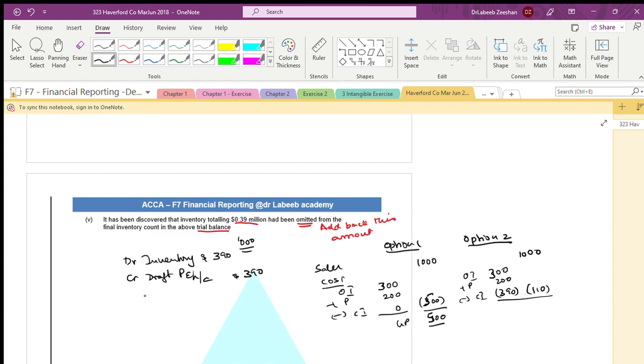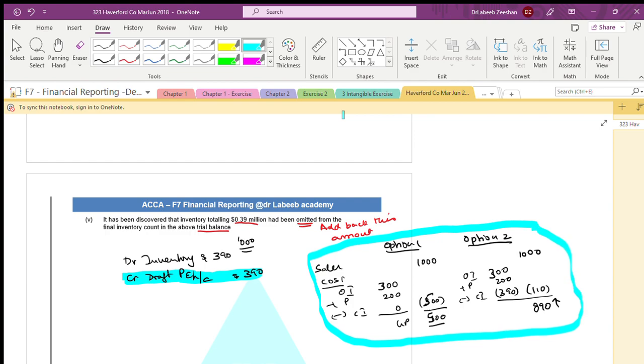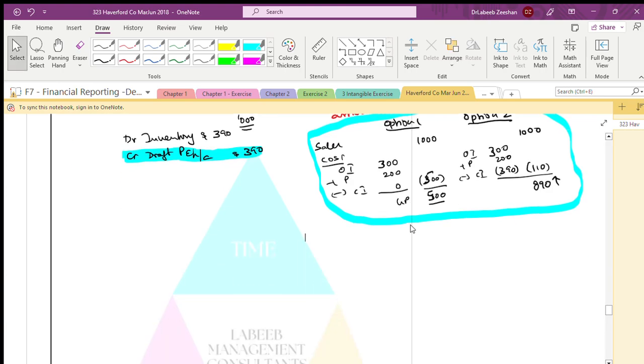Profit will be 890. Profit is increasing, because we are adding back the inventory. That is the reason we are crediting the profit and loss account. This is the example for your justification, so you should not have any doubt. These are the 5 different adjustments.